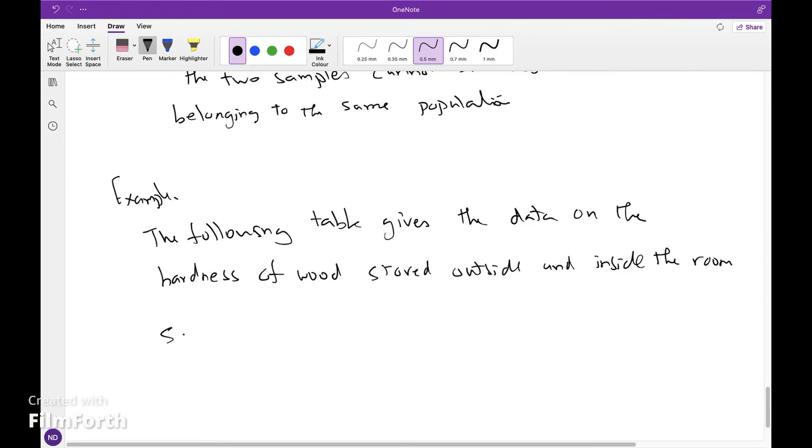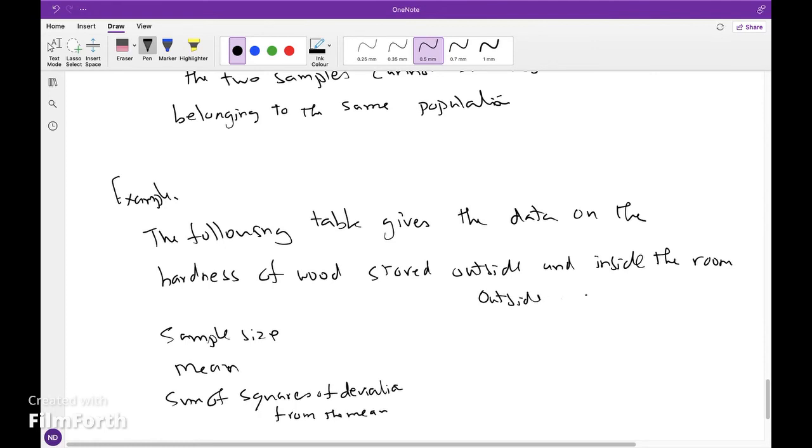Sample size, mean, but here the sum of squares of deviation from the mean is given. Outside, inside. Sample size outside 40, here 110.